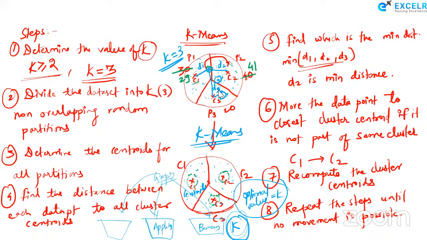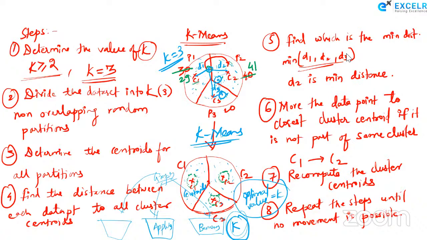We looked at the steps to run the k-means algorithm, which is also a clustering technique. We randomly divide the data set into k non-overlapping clusters, where k should be 2 or greater. We took k equal to 3 and partitioned the data set into 3 non-overlapping random partitions.